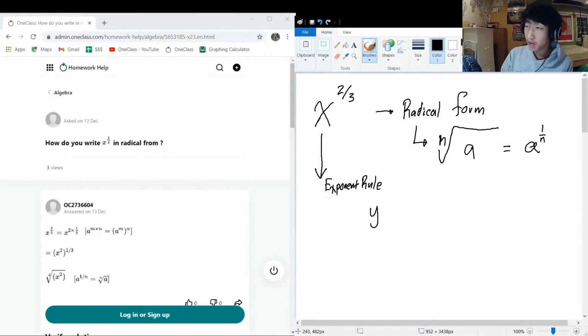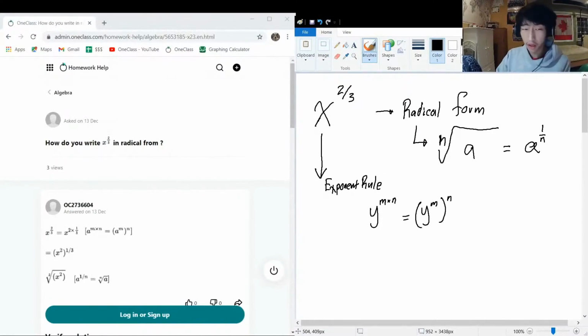You could use whatever symbol you like, as long as it's clear and obvious to you what it represents. So use your creativity if you'd like. So let's say we have y to the power of m times n.